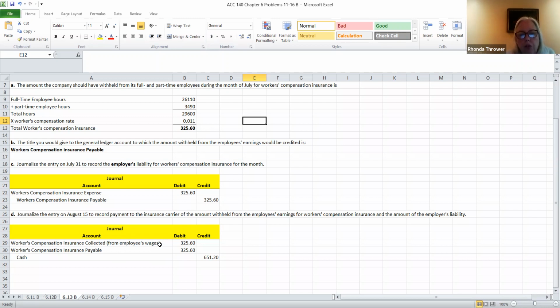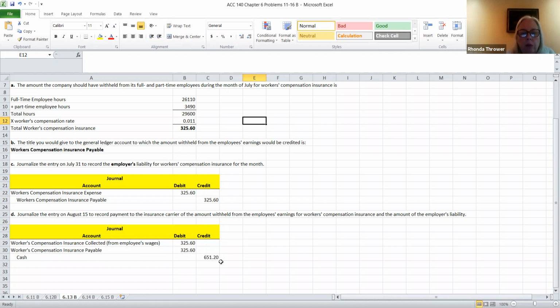So what we're going to have to do is reduce the amount that we owe for workers' compensation insurance payable from the employer's entry. They owe $325 and the employee owed also $325. So the total amount that they're turning over to the insurance carrier is a credit to the cash account for $651.20.